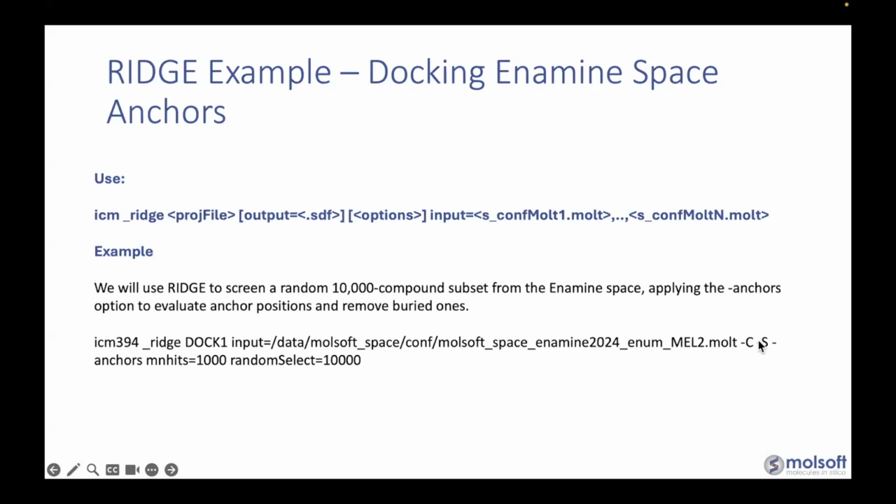So -C performs the Cartesian optimization for the best pose. Minus uppercase S is the rescoring with the physics-based score. And then there are some other options, like MN hits and random selection. So these are some more options in Ridge.